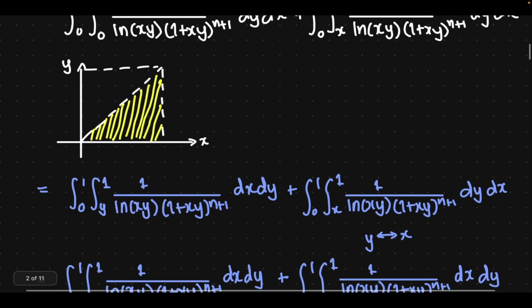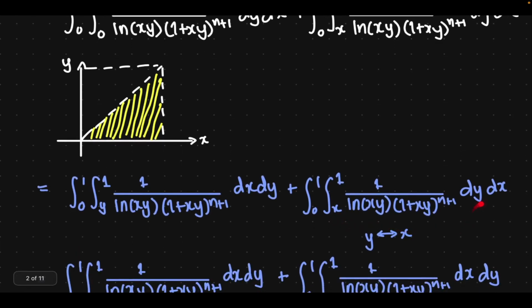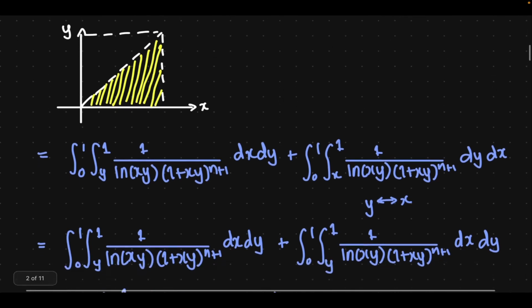So with that, we have the integral from 0 to 1 in y, and then the x integral goes from y to 1, and everything else is unchanged. And then again, the second integral here is also unchanged. I've just used a different color to write it down.